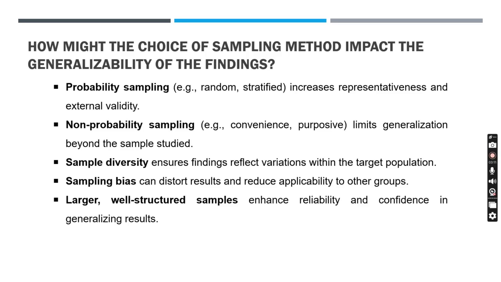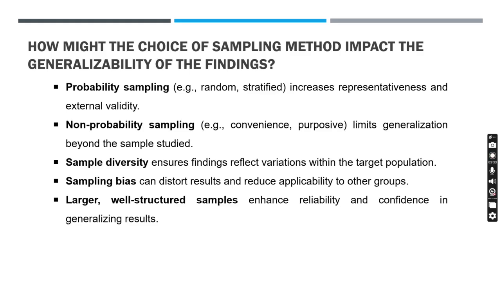result. If you have a random sample, the random sample helps you generalize the results to a wide range of population. But when you use non-probability sampling, that means you limit the generalization because you have a very small sample you are studying.